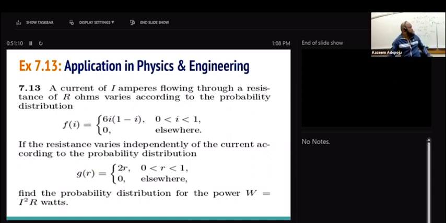So which means here you need to create an artificial variable. That artificial variable that you're going to create, equate it to resistance.